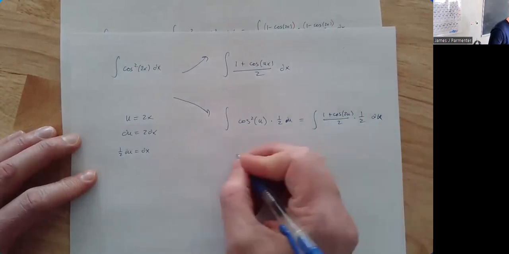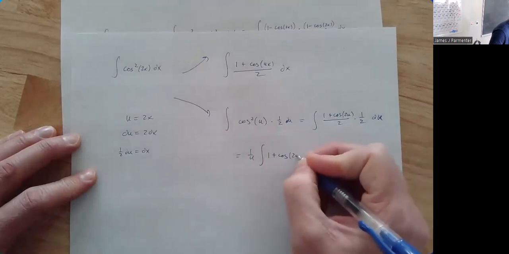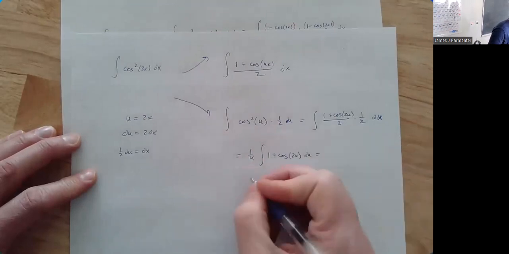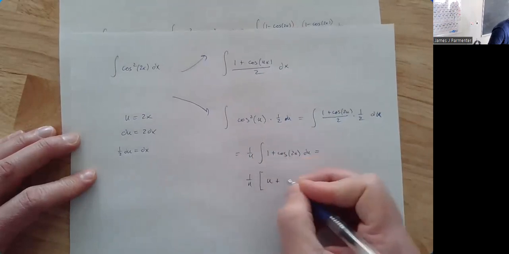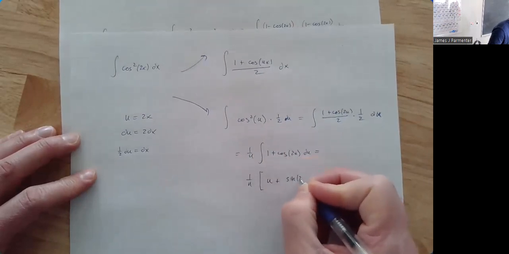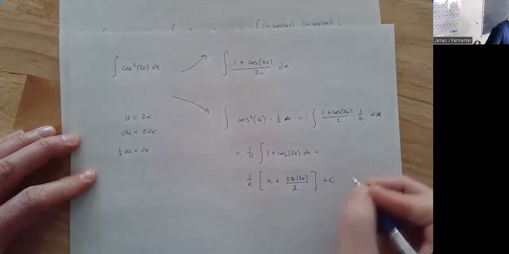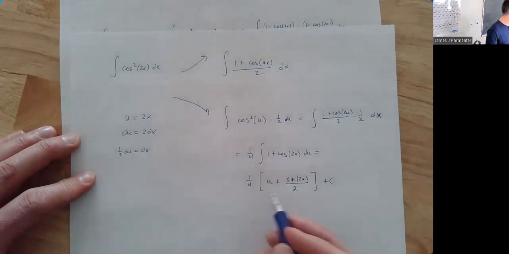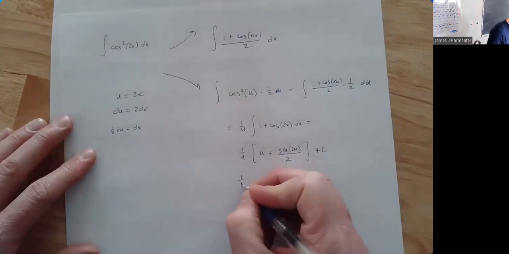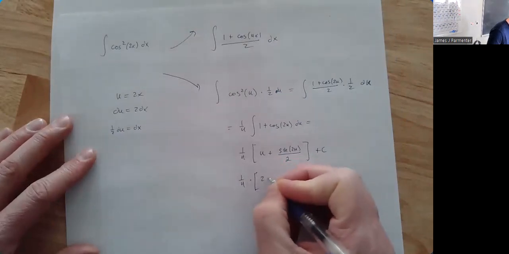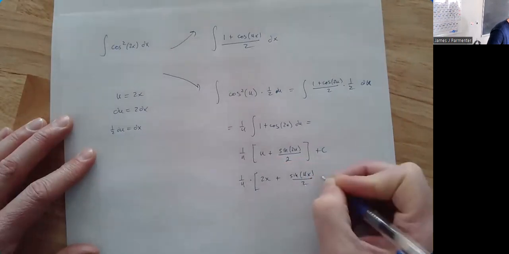If we integrate this, we've got 1/4 times the integral of 1 plus cosine of 2u, which ends up being 1/4 times (u plus sine of 2u over 2) plus C. If we replace u with what it's equal to, that's where the half cancels back out, because you're going to get 1/4 times (2x plus sine of 4x over 2).